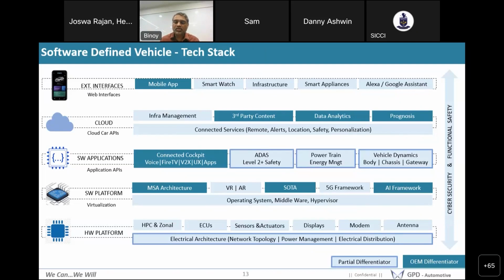There's also a lot of work in electrical distribution, which is the wiring harness. It used to be only low voltage; now with electric vehicles, it's also high voltage. If you compare that to a human body, we used to have the nervous system in the electrical domain. Now we also have the cardiovascular system, which is the high voltage.